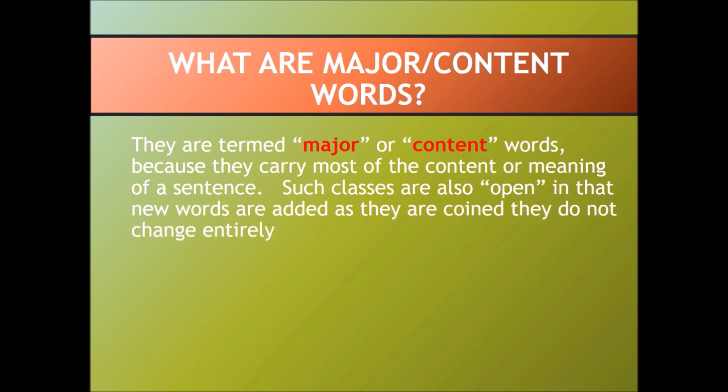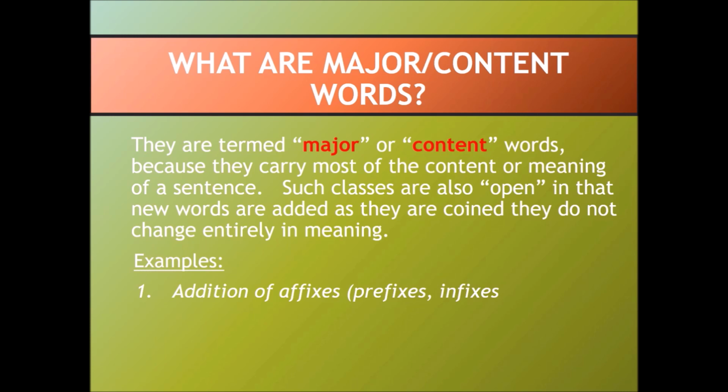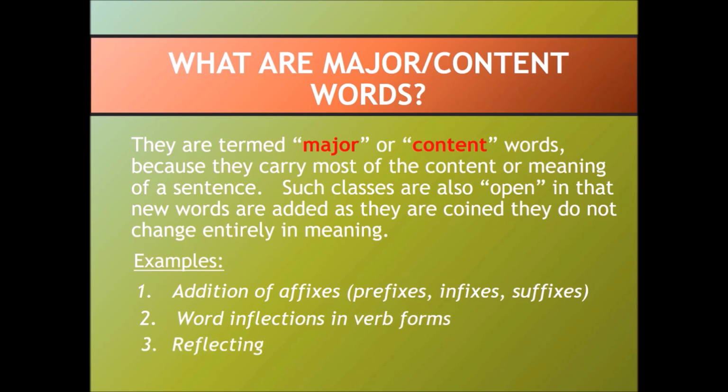They do not change entirely in meaning. Examples: addition of affixes like prefixes, infixes, suffixes. Then we have the word inflections and verb forms. And next, the last is reflecting the number of the noun, either singular or plural.